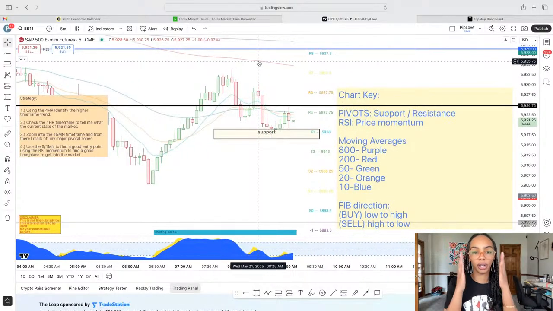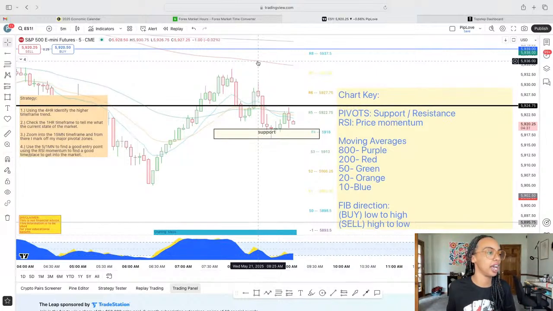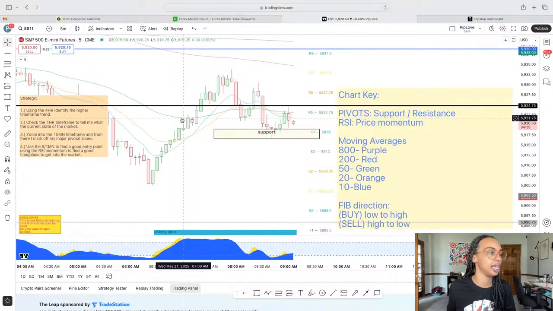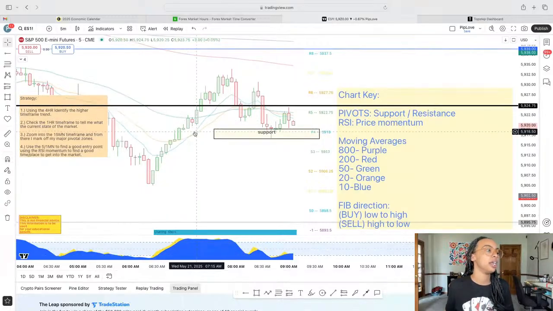That's more of our long-term trend moving average. We're using EMAs, not the SMAs. The 50 here is the green. Then we have our 20 here in orange and our 10 in blue.